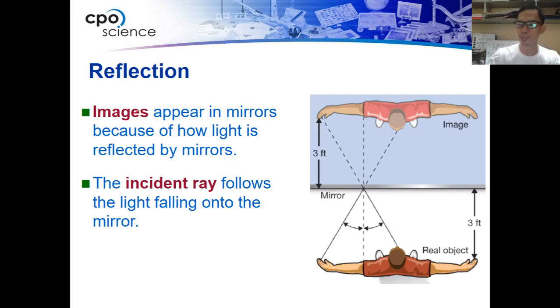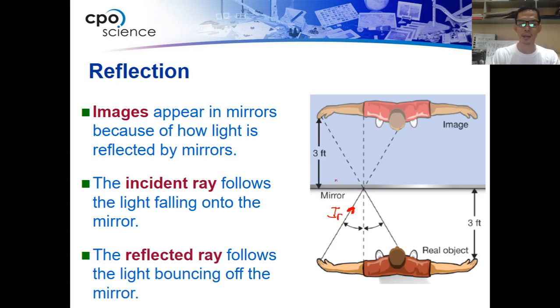In reflection, the incident ray that we have right here is the one that goes onto the mirror. And the one that bounces off the mirror is the reflected ray.